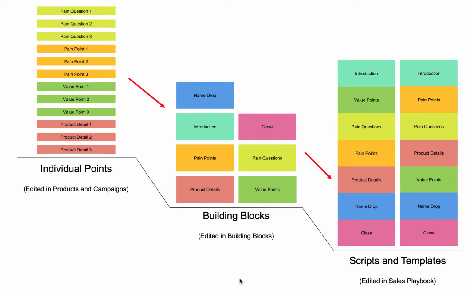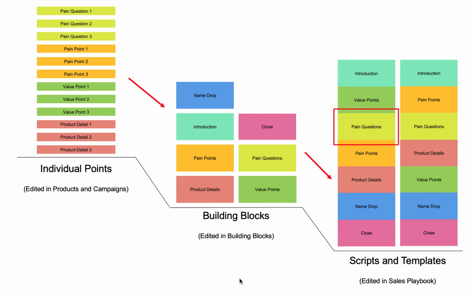Now, one last thing I need to explain to you is that when you make changes to a script or to a building block, we protect those changes from getting overwritten by changes upstream. For example, if you want to make changes to the pain questions of one document and you edit that one document, a reason why you might want to do this is if you have a very particular call script for, say, following up on appointments completed, and you have very specific questions and language that you want only in that one document, you might only edit that one script.